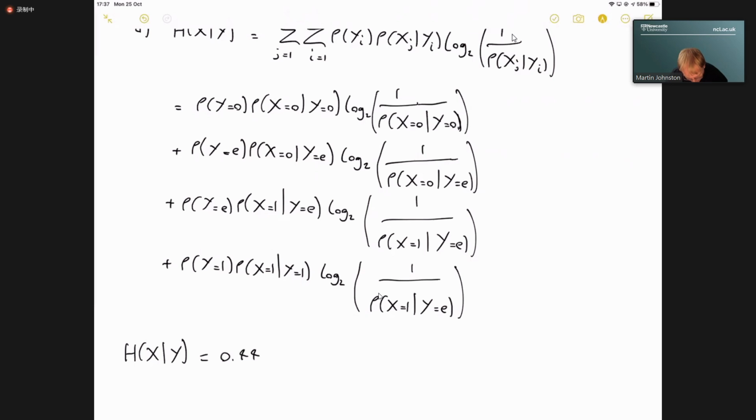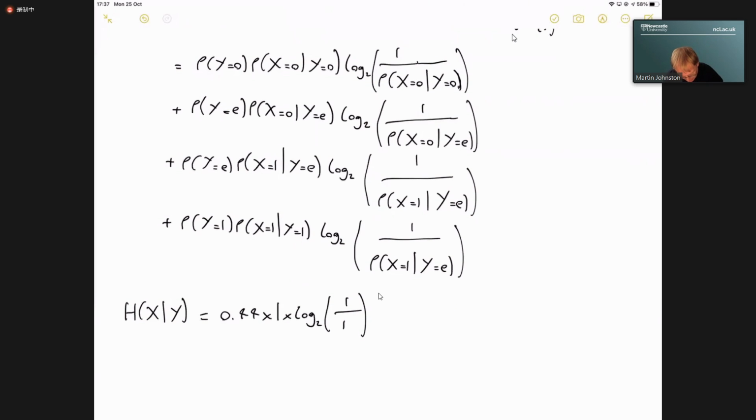So probability y equals 0 was 0.44, and the probability of x equals 0 given y equals 0 is 1, and then times the log to base 2 of 1 over 1. Now, log of 1 is 0, so that term disappears.